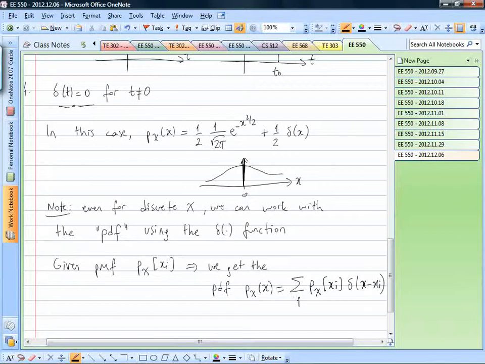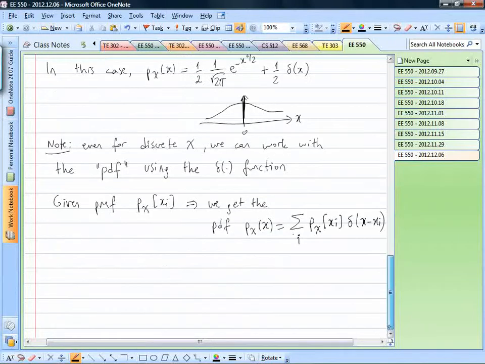So that's how we can convert a PMF to a PDF.